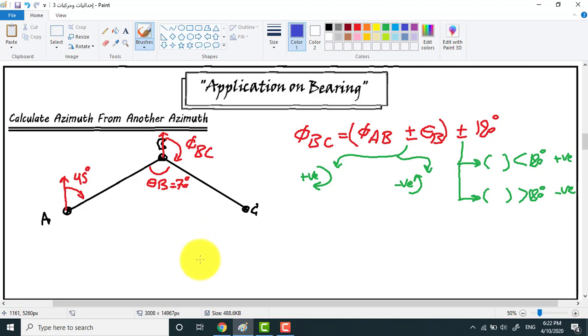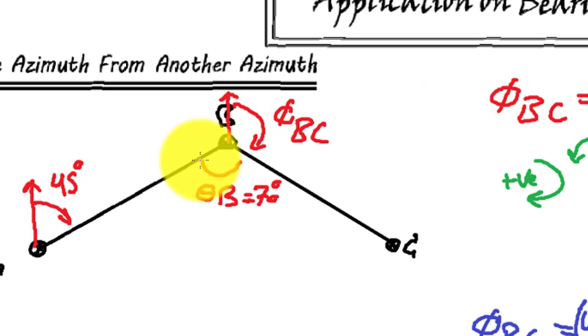Let's try on our example here. Phi BC equals phi AB, which equals 45 degrees. Theta B equals 70 degrees. Theta is measured from line AB to line BC, anti-clockwise.